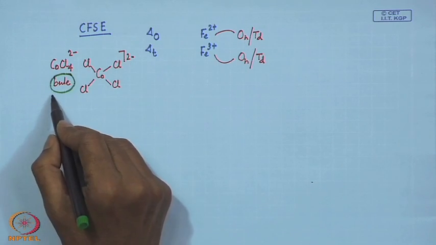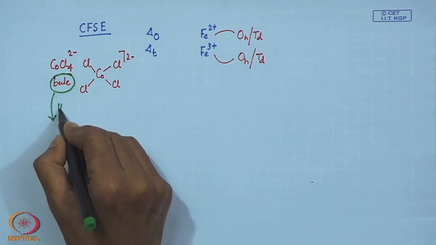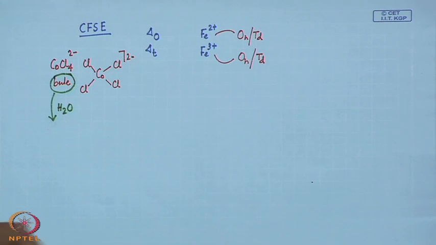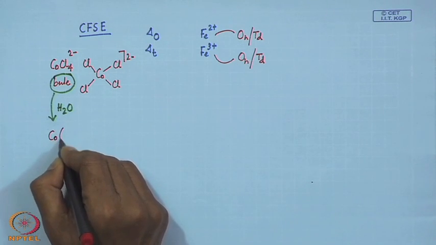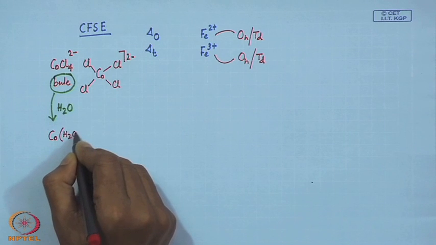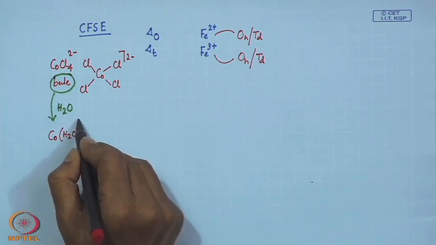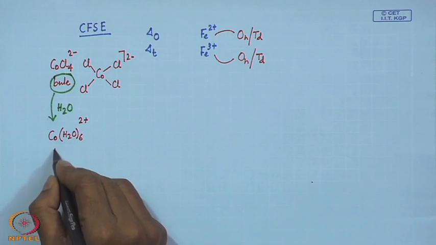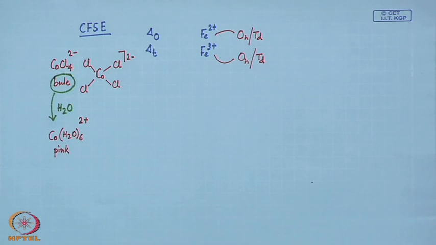That means, we know that this blue colored compound and solution, when it reacts with water from the moisture or some aqueous environment or moist environment, basically changes to the cobalt hexaaqua complex, which is 2+, and the color is also changing from blue to pink.